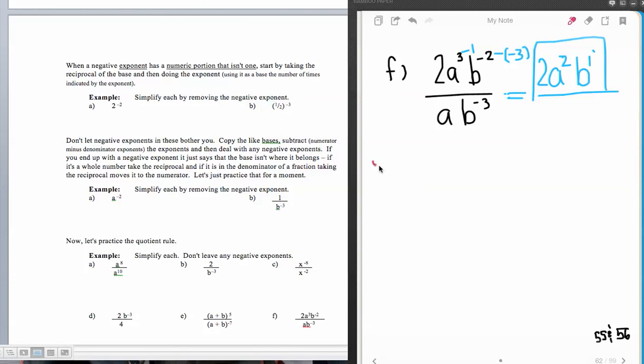The other way of dealing with it is so that we don't have any negative exponents at all. So I have 2 times a cubed over a. Notice how I wrote all the ones that didn't have any negative exponents. Now I'll move the ones with negative exponents. So the negative 2 up here, that means I'm going to move it down to the denominator. And then this negative exponent down in the denominator, I'm going to move up to the numerator.